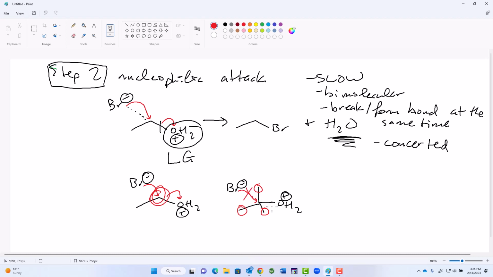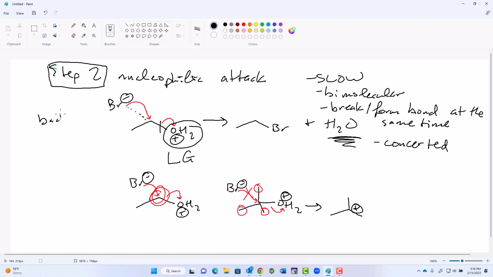So that's why instead we have the OH2 dissociate first and make a carbocation. There's another reason that this happens as well that we'll discuss in the next video, but this is one of the reasons. It's the steric bulk that prevents the halide anion from coming in and doing what we call a backside attack.